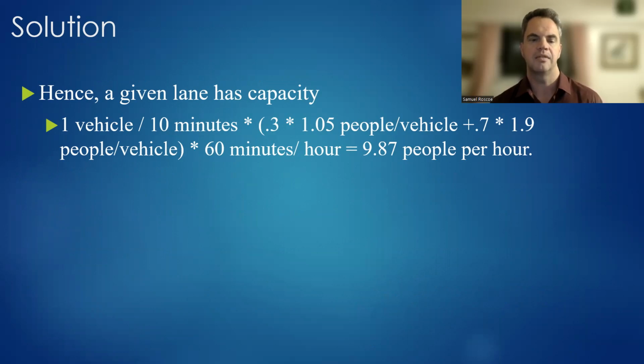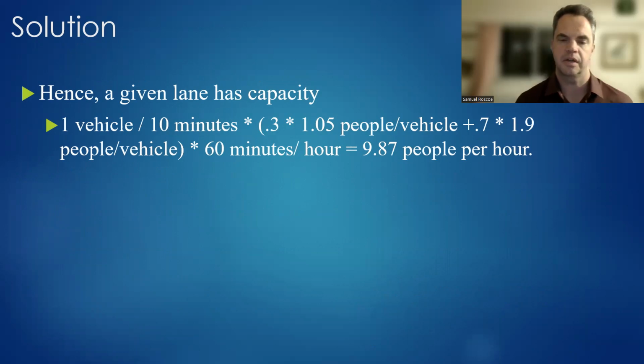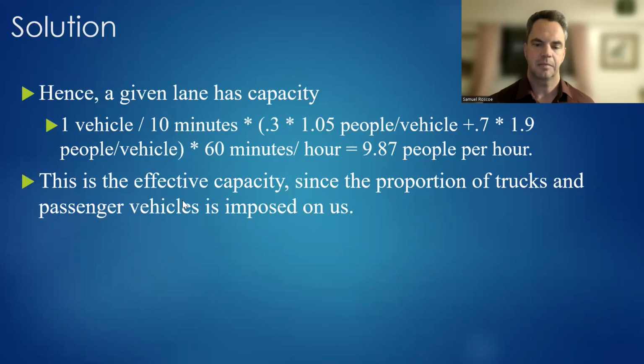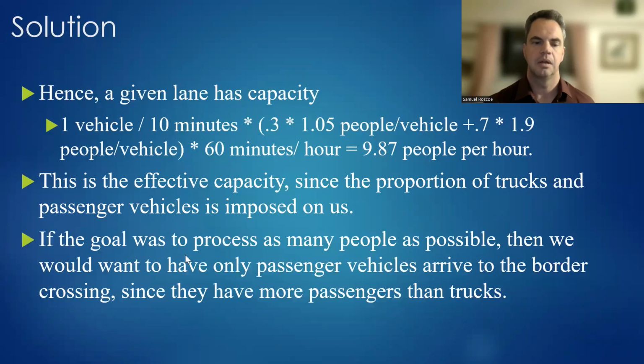So that's 1.9 people per vehicle. Times we have 60 minutes in an hour. That equals 9.87 people that we're processing per hour if we do 1 vehicle every 10 minutes, okay? That is the effective capacity since the proportion of trucks and passenger vehicles is imposed.